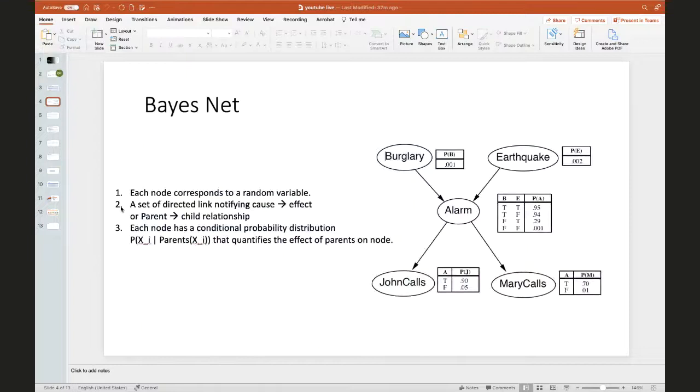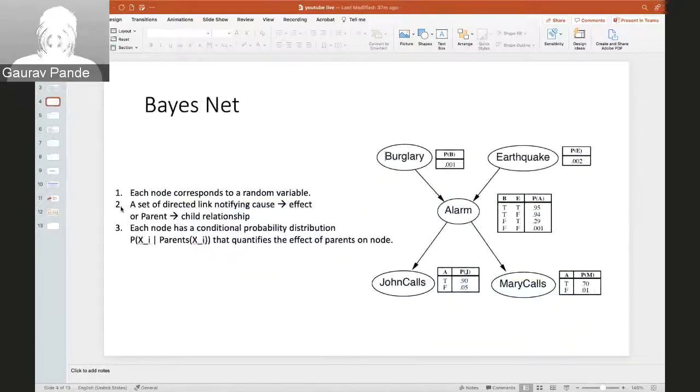Let me touch upon some of the brief concepts that will be covered and that will be helpful for you to go deeper into these topics, using which you can solve this whole assignment. The first thing is the BaseNet. A BaseNet is a graphical representation of your random variables where each node is a random variable, and it is a set of directed links denoting a cause-effect or parent-child relationship.